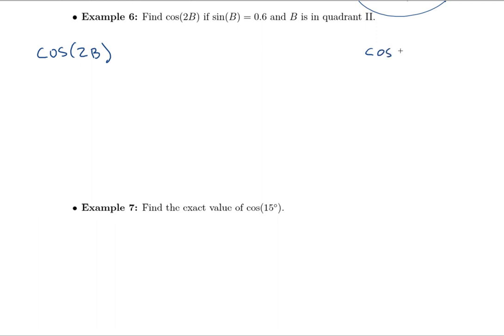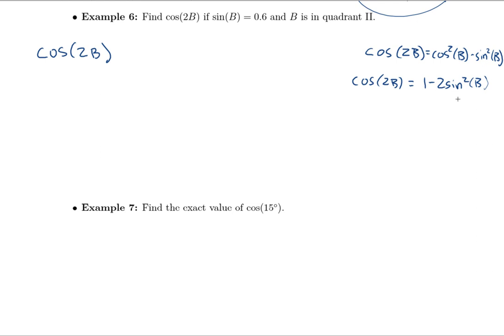similarly to the discussion we had before, we have options. Right? We could say this, but then that would require me to figure out what the cosine of b is, which I could do. But then we also have one that involves only sine. So in the interest of being a little bit lazier, how about we just use this one?